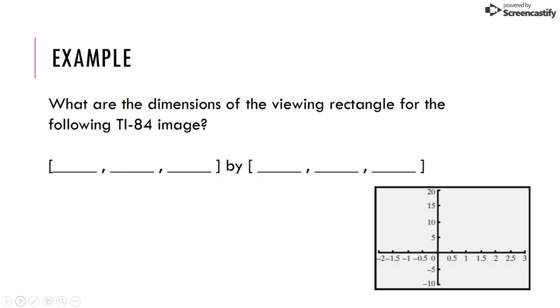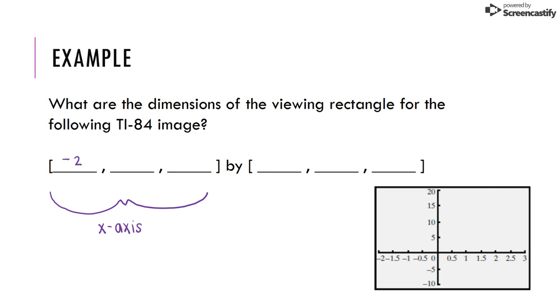So what we're going to be looking at first is an example where I already have numbers plugged in for the tick marks, but we are going to write out what these dimensions are in these bracket forms, because that's what you are in the end going to be doing on any type of homework, quiz, or test. So as we can see, once again, remember this first set of brackets is represented by the x-axis. Looking at the x-axis, notice that we start going from left to right. Negative 2 is the smallest number, and so that's my minimum value.